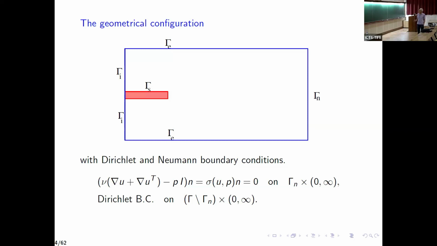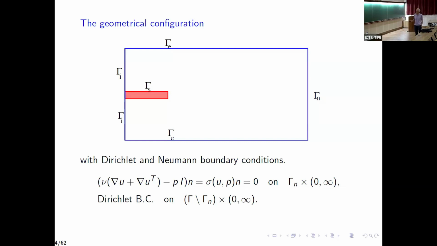So this is the domain for this particular situation, the domain that we consider. We take some Dirichlet condition everywhere here and a Neumann boundary condition at the exit of the channel. Here, in the inflow condition, for the experiment, the boundary condition is not zero.